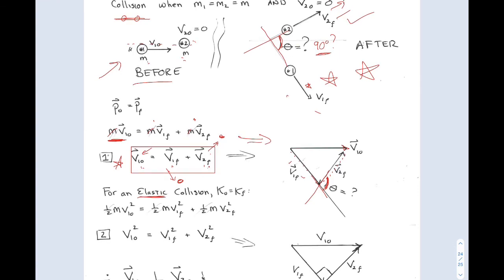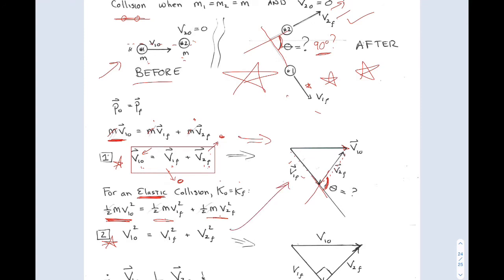Now, remember, we're doing this for an elastic collision. So if the collision is elastic, kinetic energy is conserved. In my before picture, only one of them is moving. That's my initial kinetic energy. In the final picture over here, they're both moving: K1 final, K2 final. The halves cancel, the m's cancel, and this gives me a condition on kinetic energy.